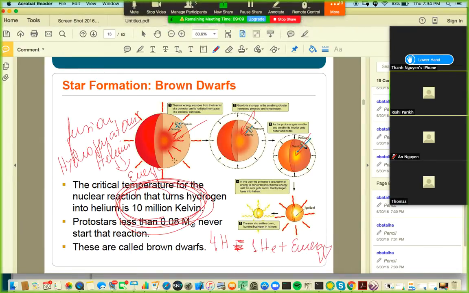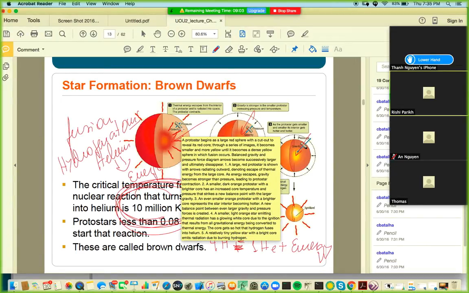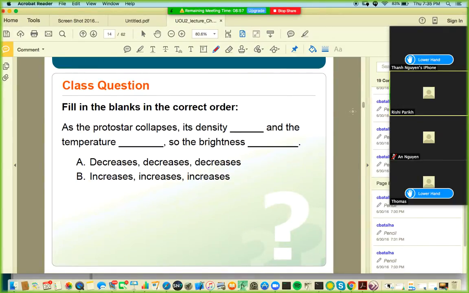And this energy is what will keep the star stable, preventing the star from continuing its collapse to a black hole, if you will. So this energy produced in the very core is released and helps to balance the star.